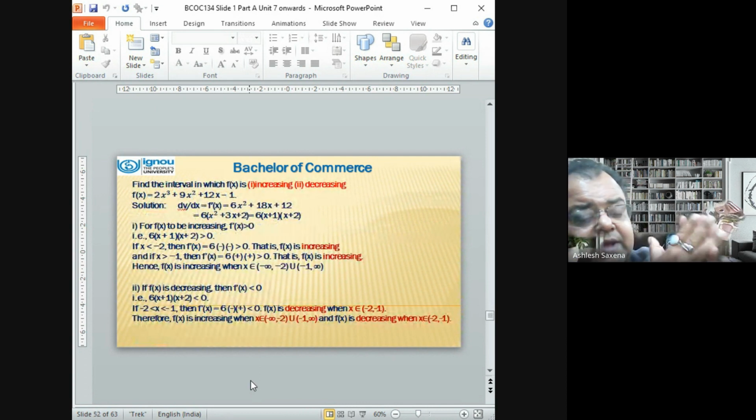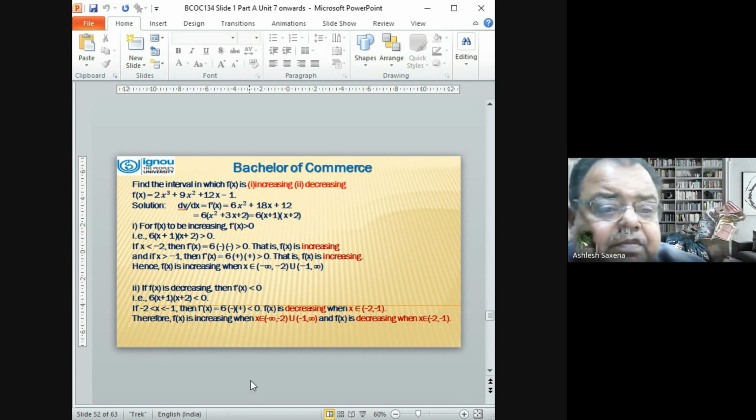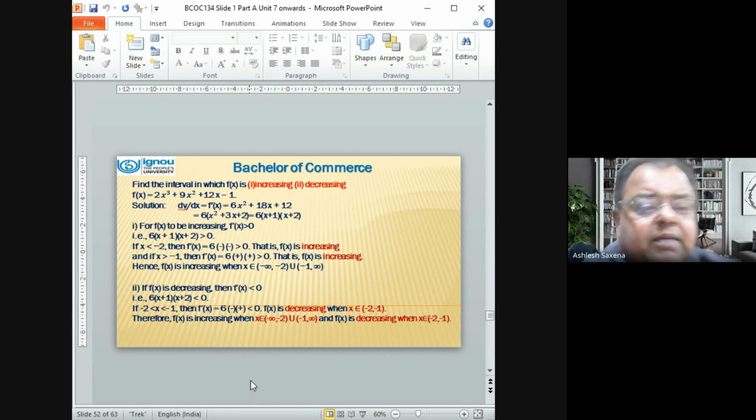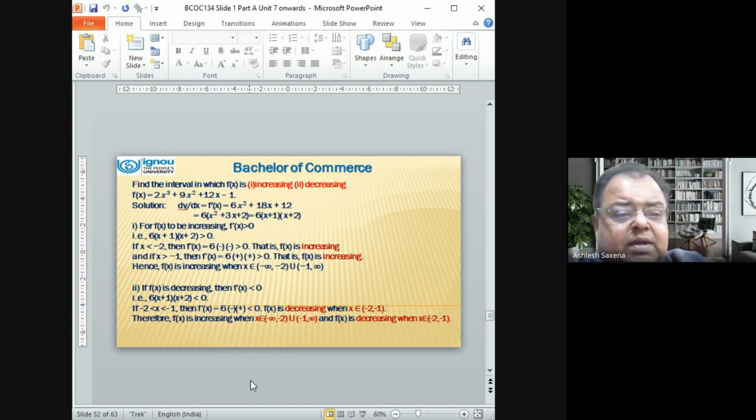Now see the application. Find the interval in which the function is increasing and decreasing. The function is f(x) is equal to 2x cubed plus 9x squared plus 12x minus 1.